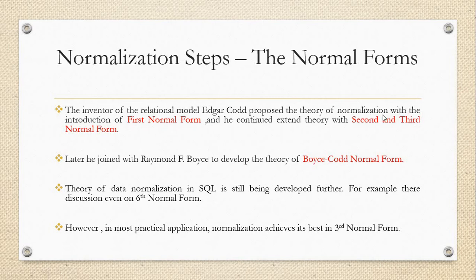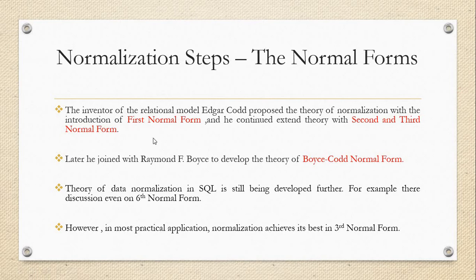So the theory of normalization began with the introduction of first normal form, and he continually extended that theory with second normal form and third normal form. That means he developed the first normal form, second normal form, and afterwards the third normal form.